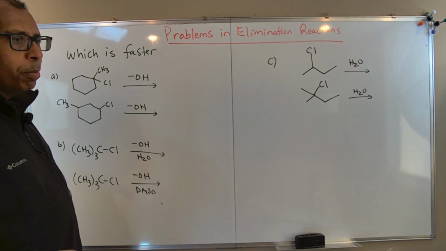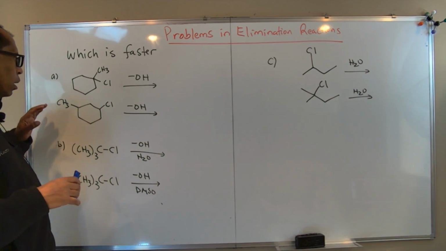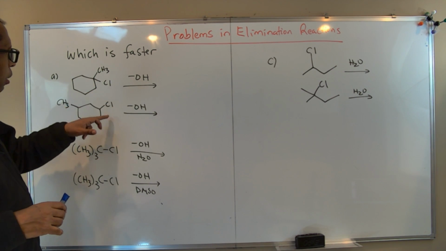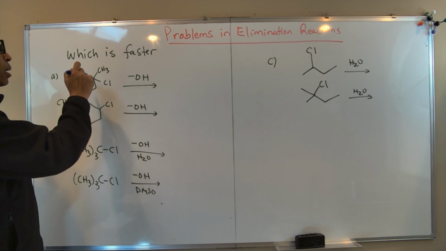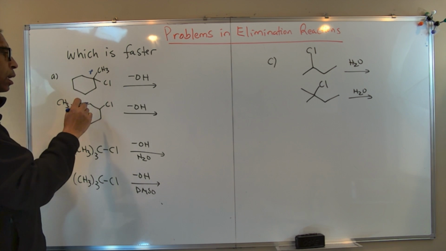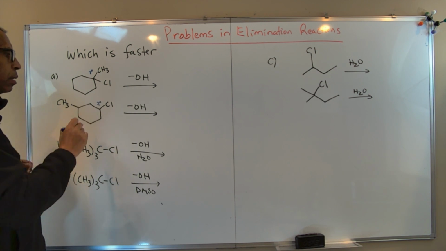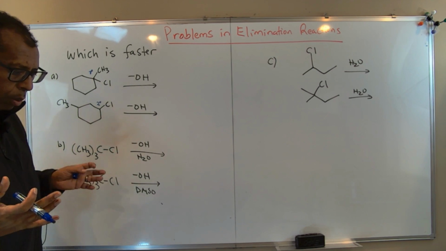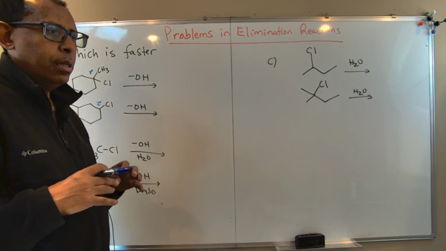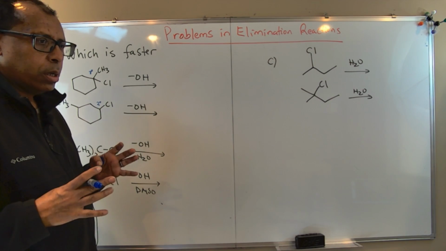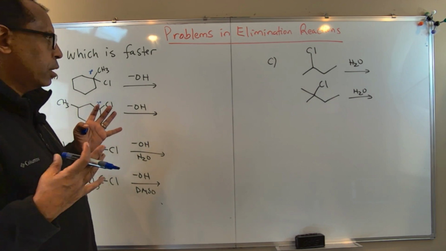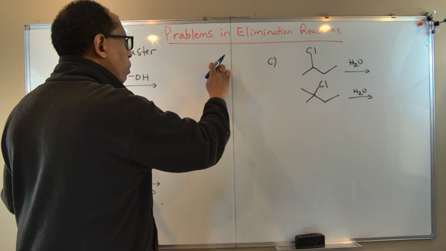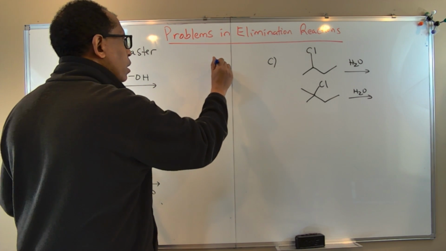In these two pairs, you have a chloride, which is an alkyl halide. One is tertiary and one is secondary. Here you have a strong base, which always favors E2.